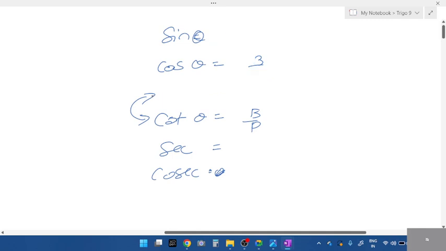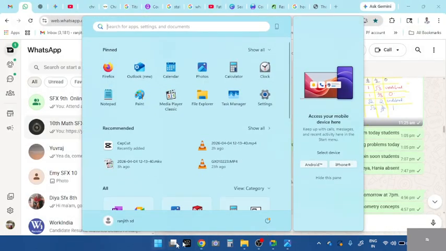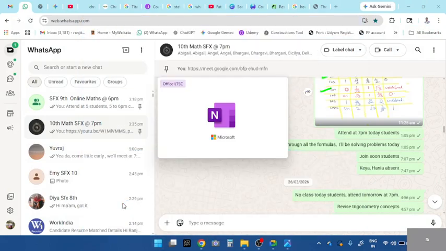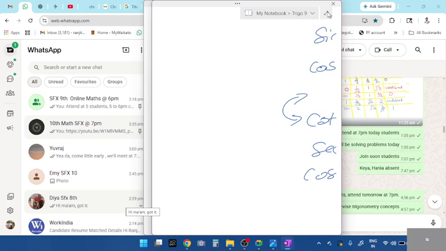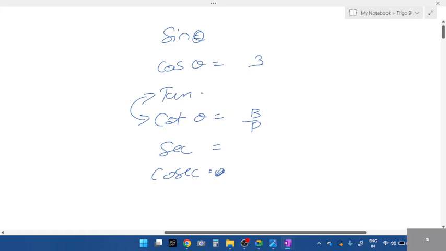Next, sec is hypotenuse by base, and cosec is hypotenuse by perpendicular, right?